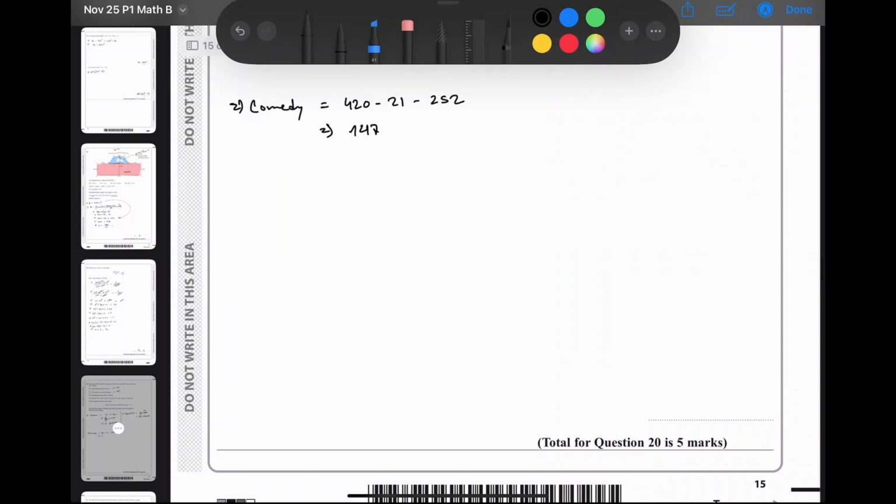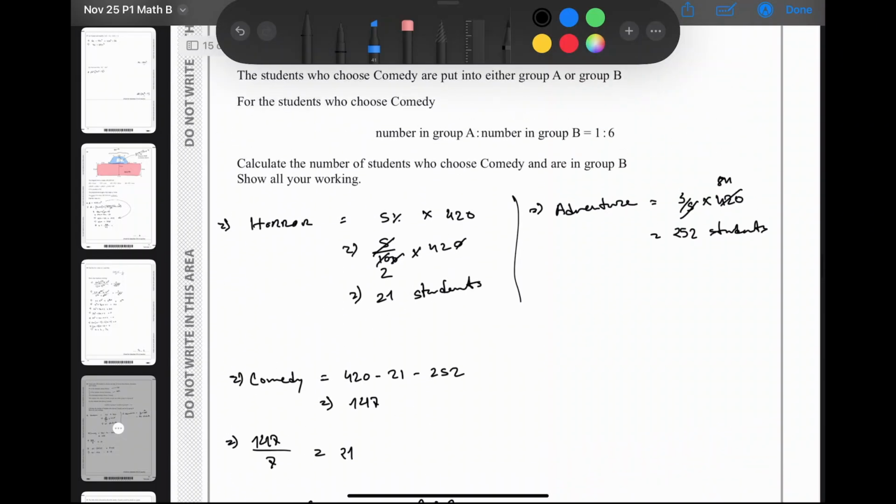And we get 147 students for Comedy Club in total. Now, they are separated into Group A and B, following a proportion of 1 to 6 respectively. So we can divide the total number of students by 7 and multiply with 6 to get the portion for B. And we get 126 students.